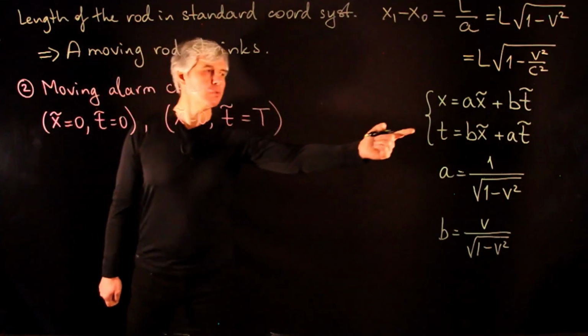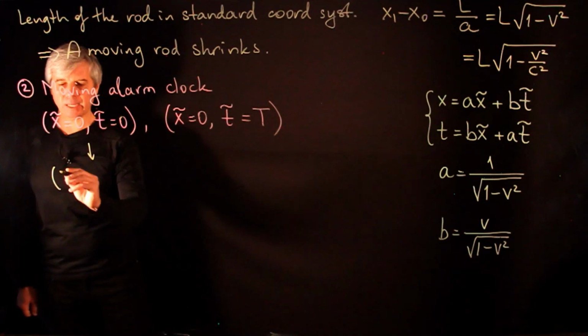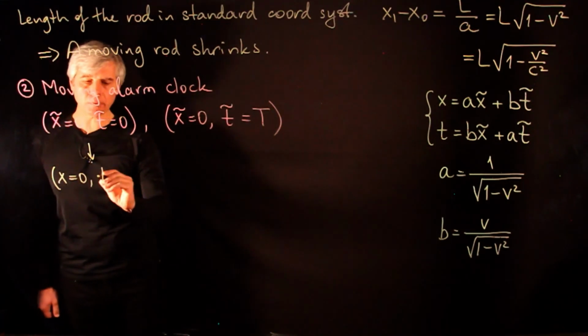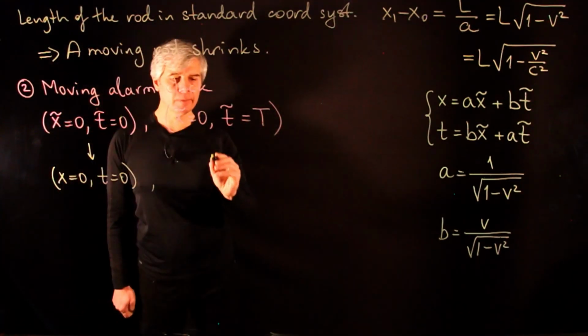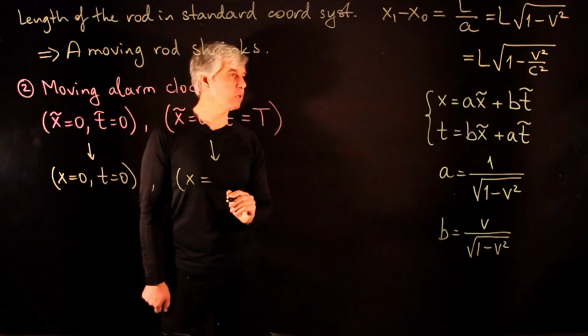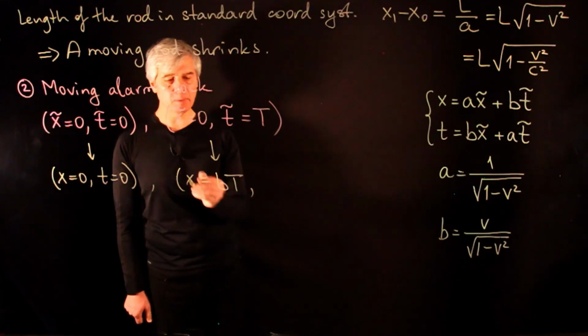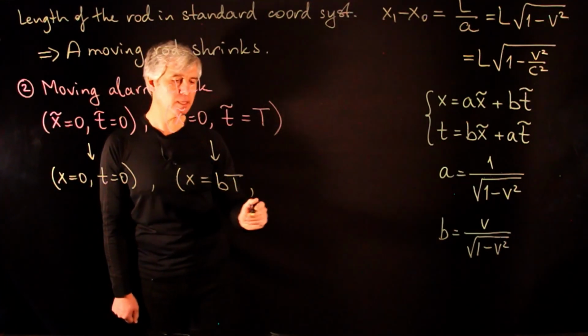Well, we use these formulas and we see that this event becomes x is equal to 0 and t is equal to 0. And this event becomes x is equal to b times capital T. Well, this means that this alarm clock is moving.